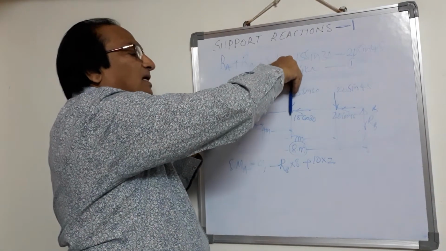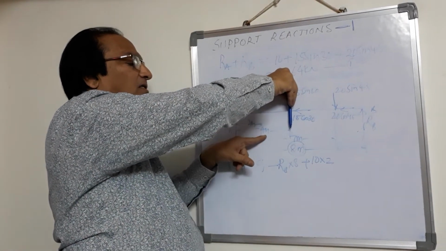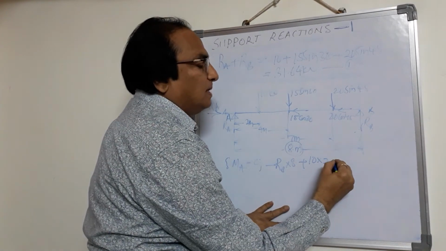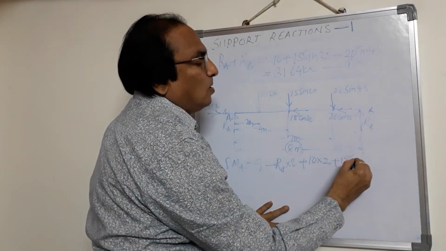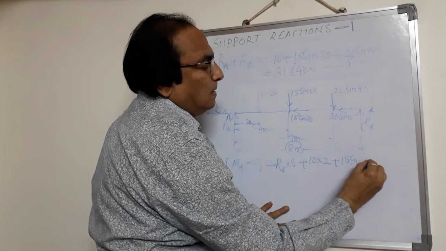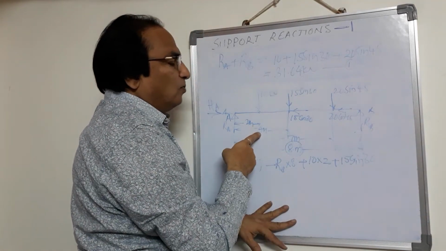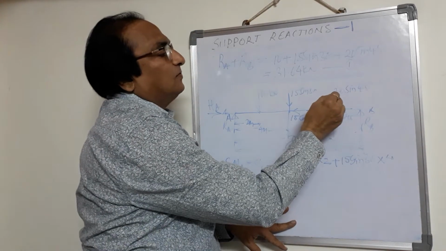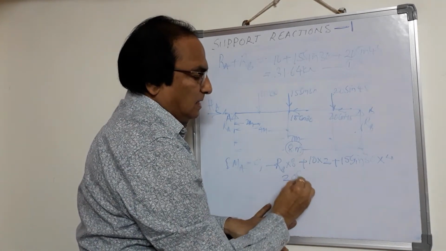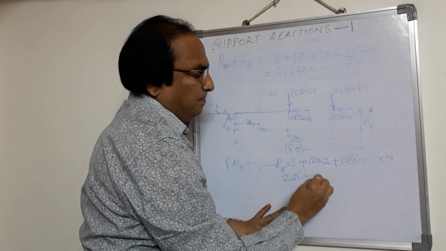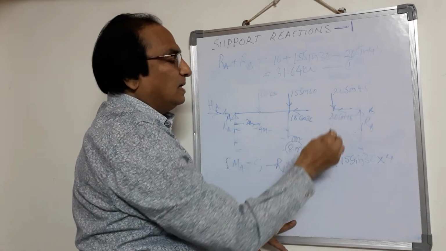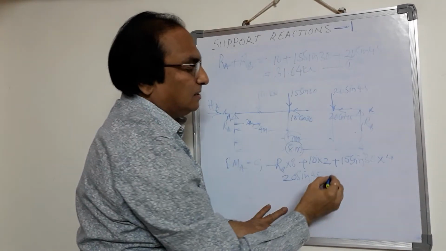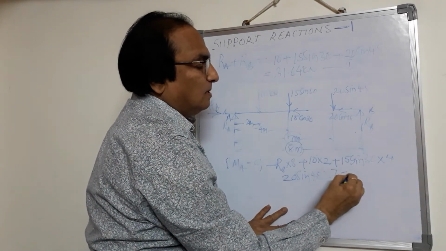Then 15 sine 30, perpendicular distance is 4 meters, this is also rotating in the clockwise direction, so plus 15 sine 30 into 4 meters. Then the last force, 20 sine 45 into, what is the perpendicular distance for this? 7, and this will rotate in clockwise direction, into 7. This must be equal to 0.